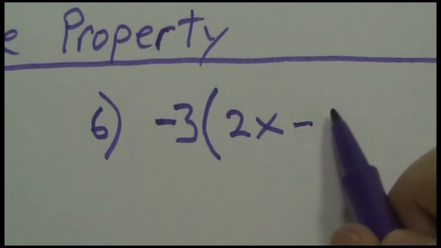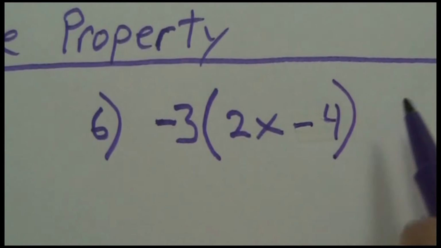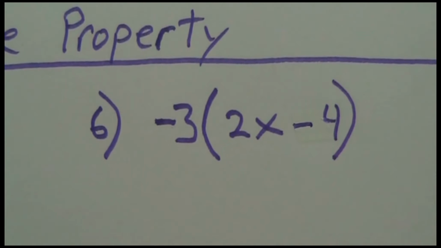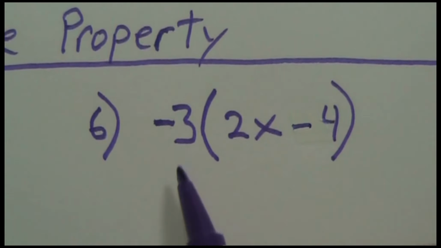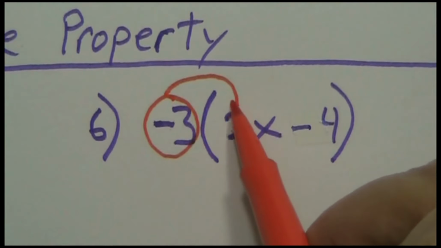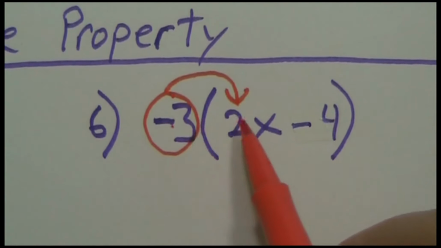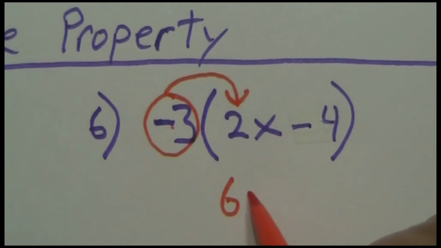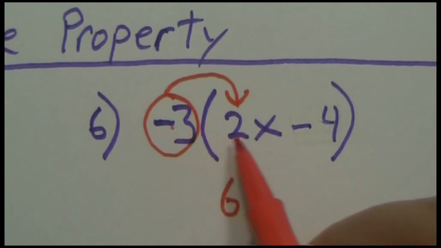Times 2x minus 4. All right, so again, we take the outside times the inside. So I'll take -3 times 2. 3 times 2 is 6, and there's one negative.